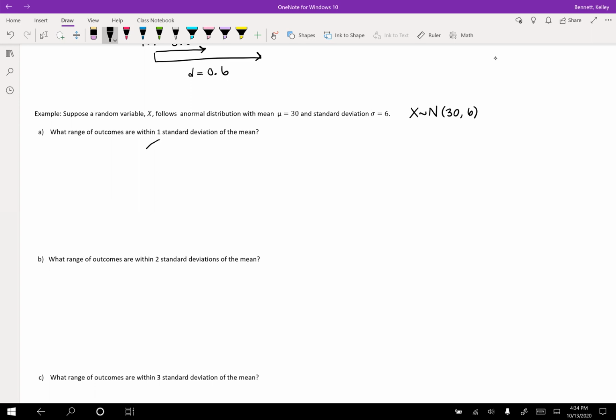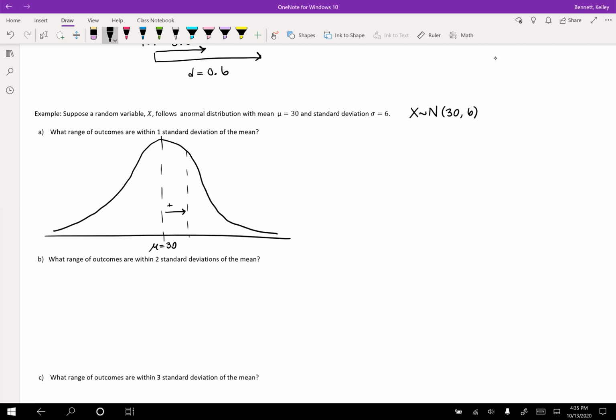So we want to look at this graphically at first. Here's our normal-ish curve. We know the mean is always at the center, and that mean is given to us as 30. And we want to go 1 standard deviation from the mean. So I'm going to go plus 6, because 6 is my standard deviation, and I'm going to go minus 6.